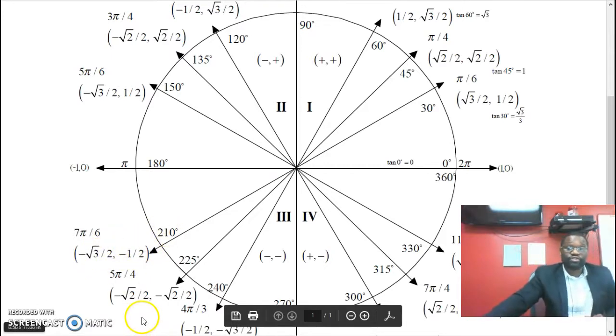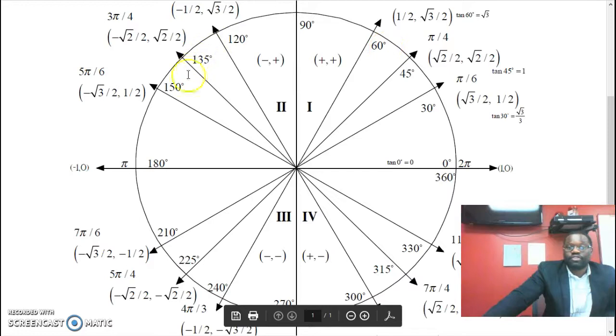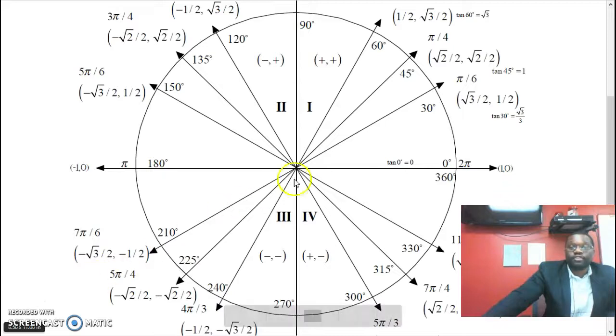Well, if I ask you to tell me what is the cosine of 210 degrees, well, let's go find 210 degrees. Oh, here it is right here. The cosine is the x coordinate, negative square root of 3 over 2. If I ask you for the sine of 30 degrees, that would be 1 over 2.